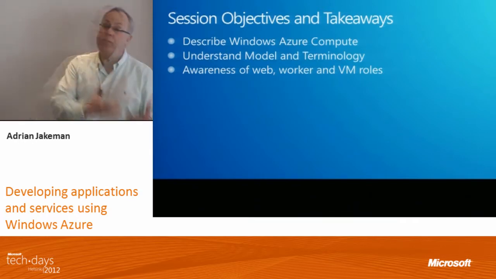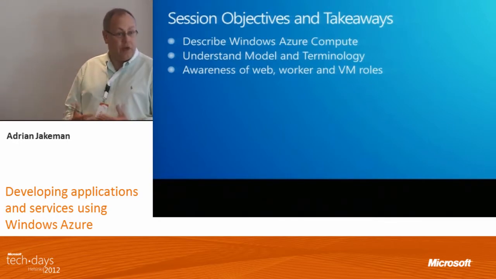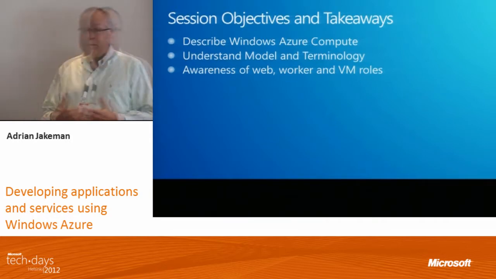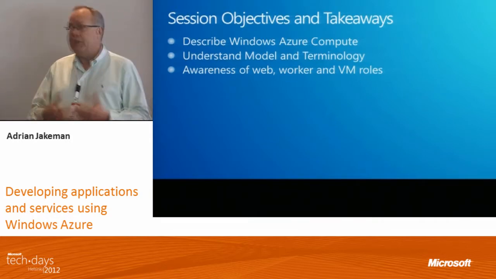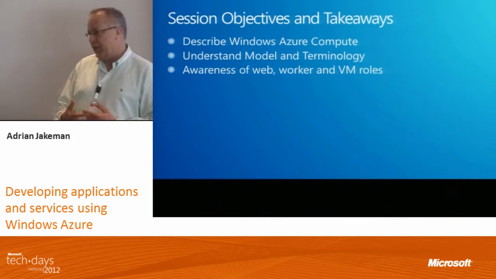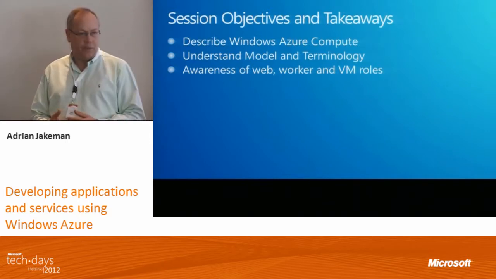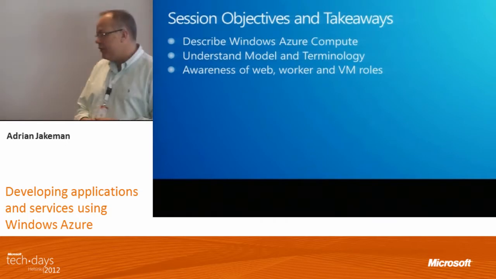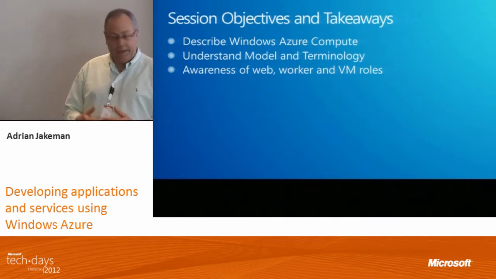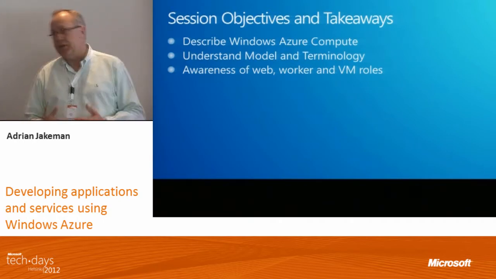In other words, web roles, web front ends, worker roles, which we can think of as middle tier or servicing components, and this wonderful thing called the virtual machine role, that is something that we can talk about and I can show you how it works, and then perhaps I'll tell you that you should think about that as the very last option if you want to be using Windows Azure Compute. So an understanding of those 3 different roles, understanding how we can write applications that use those roles, and seeing some of the issues that will confront you as a team of developers or a group of developers.